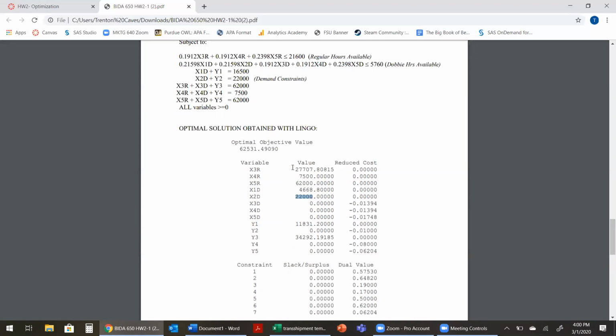Fabric 3 is going to have 27,707 units produced on regular looms and 34,292 units purchased. Fabric 4 is going to have 75,000 units produced on regular looms, and fabric 5 is going to have 62,000 produced on regular looms.